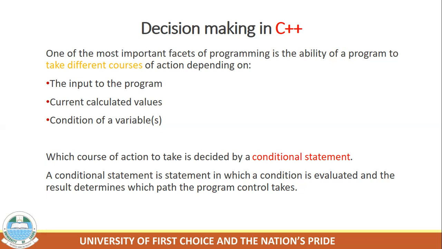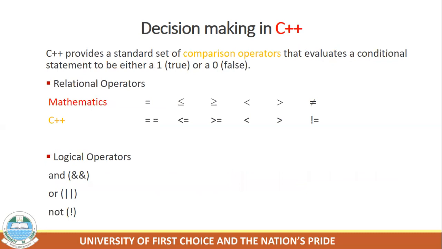A conditional statement is a statement in which a condition is evaluated and the result determines which path the program control takes, right? So it evaluates a condition, and if the criteria is met, then it will decide on which path it will take you to.